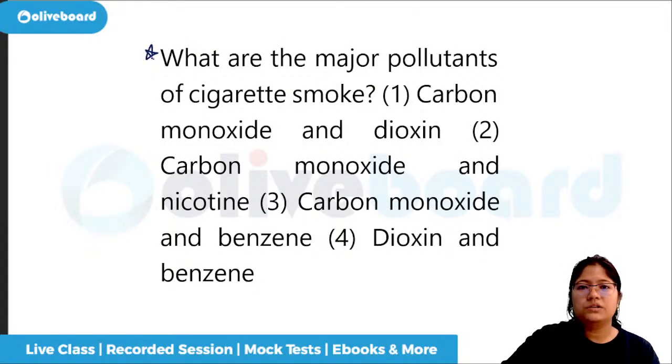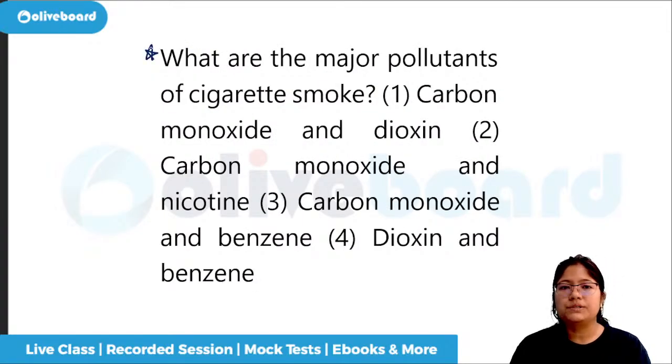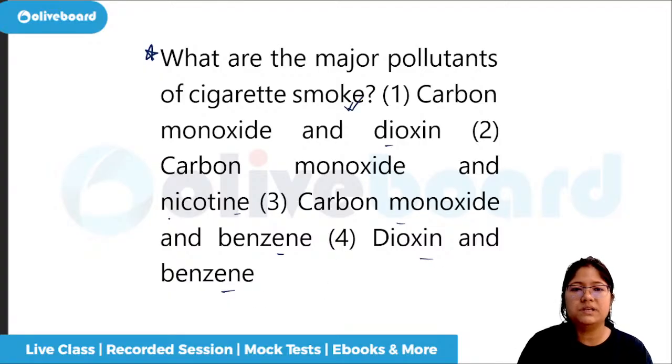Next question, what are the major pollutants of cigarette smoke? Carbon dioxide and dioxin, carbon monoxide and nicotine, carbon monoxide and benzene, dioxin and benzene. So for cigarette smoke, we all know that cigarettes means nicotine, right?